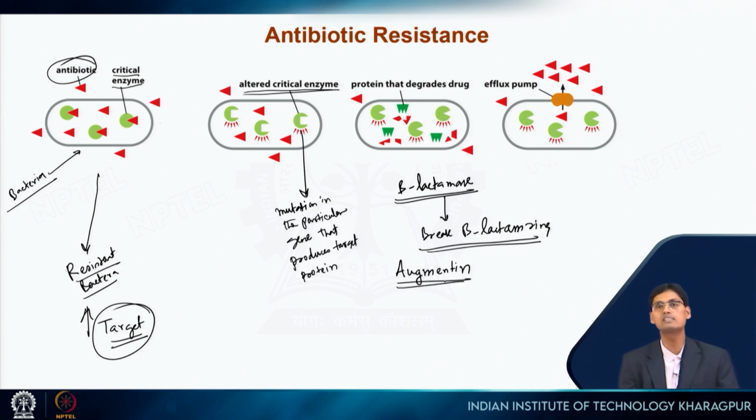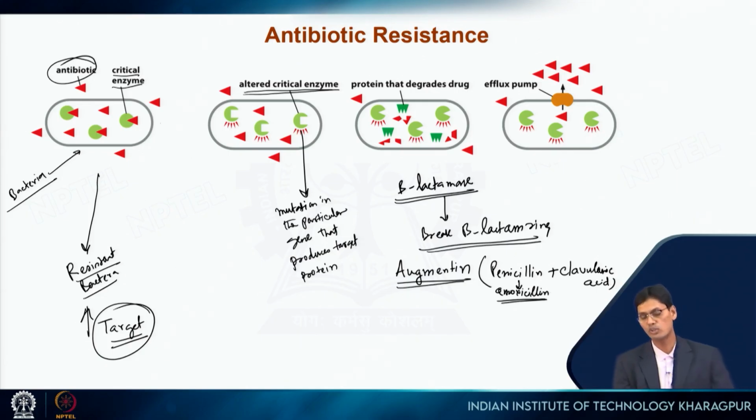So augmentin is just a mixture of penicillin plus clavulanic acid. So this is amoxicillin. Amoxicillin is also a derivative of penicillin. So amoxicillin and clavulanic acid.